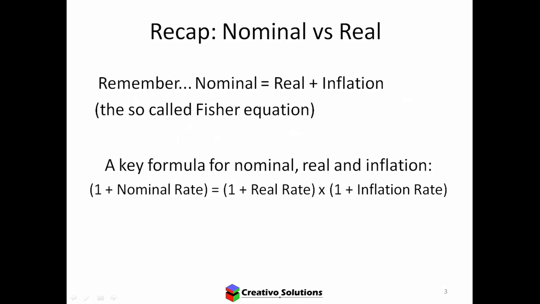That's going to give you a more accurate representation of the real interest rate, taking nominal and inflation into consideration. So please just remember, you do have a summarized Fisher equation where nominal equals real plus inflation, but for a more accurate representation of the relationship between real, nominal, and inflation, please use the 1 plus nominal equals the 1 plus real multiplied by the 1 plus inflation.